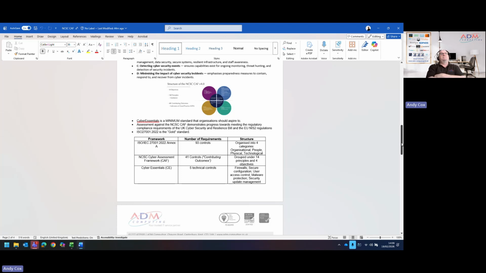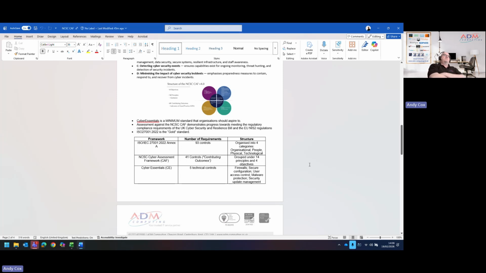During that, it was made very clear that it's very likely that there will become a formal accreditation process for this once the UK Cyber Resilience and Security Bill comes into force, because the CAF feeds directly into the requirements of that upcoming bill. Okay, so that really illustrates where we're looking at, with regards to cybersecurity.